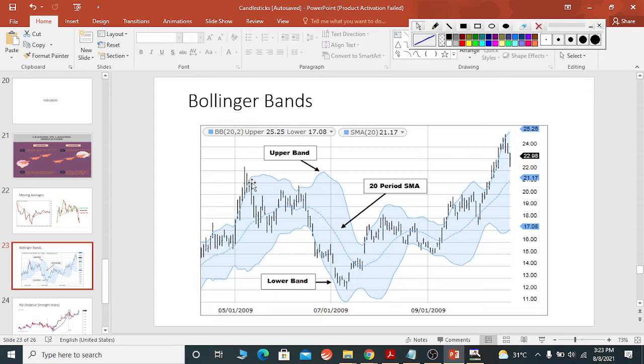So one thing which could be done is, whenever the price is reaching the upper band, you could take a short position, hoping it comes to the lower band and makes a correction. And whenever it touches the lower band, again you could take a long position, hoping it goes to the upper band. Now these upper and lower bands will vary again based on the moving average which you are taking.